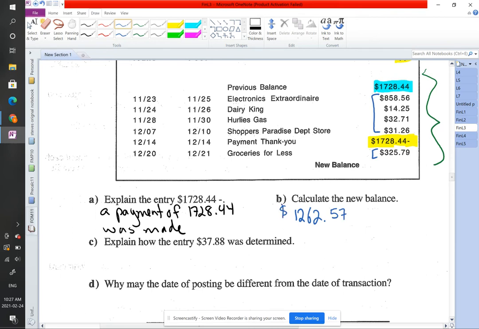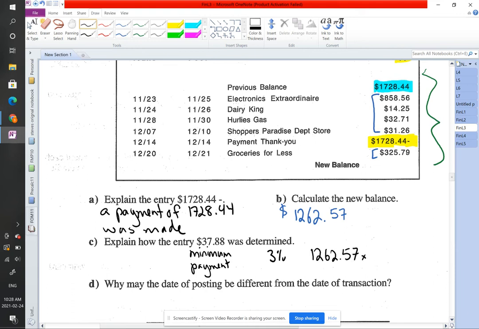Explain how the entry of $37.88 was determined. So this is our minimum payment. And hopefully you remember from the last page that minimum payment was 3% of your balance. So our new balance is 1,262.57.